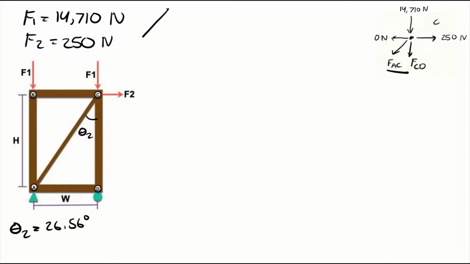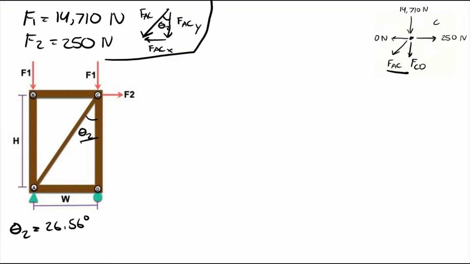So we will break F sub AC into its component Y force, which I'll call F sub AC sub Y, and its component X force, which I'll call F sub AC sub X. It's also important to note that the angle for F sub AC will be the same as angle 2 for the member AC, which will come into play here in a little bit. I'm going to draw a box around this just to keep it away from everything I'm about to do.